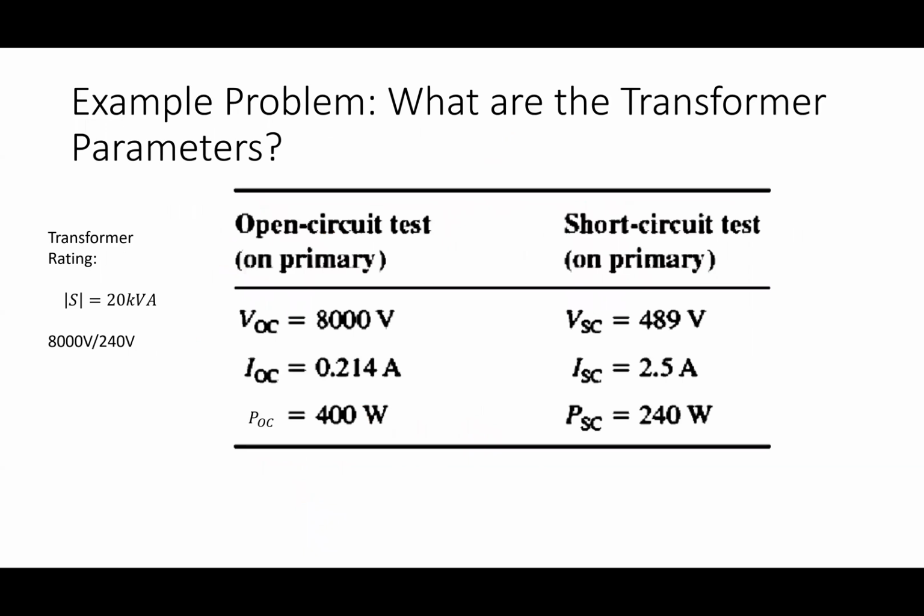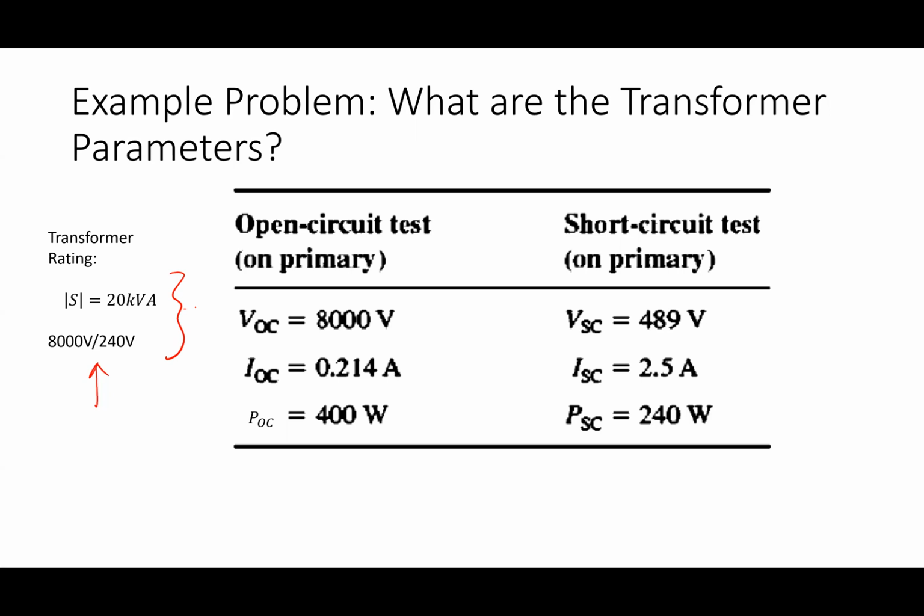Now, last time I went through this example, and it's entirely worked out in the set of notes, transformer applications. This was the example transformer, 8,000 volt to 240 volt, and this guy had a rating of 20 kVA. You'll notice I pretty much always give you these two numbers when I deal with transformers: the rating of the transformer and the voltage rating. When you buy a transformer, it doesn't come with a turns ratio.